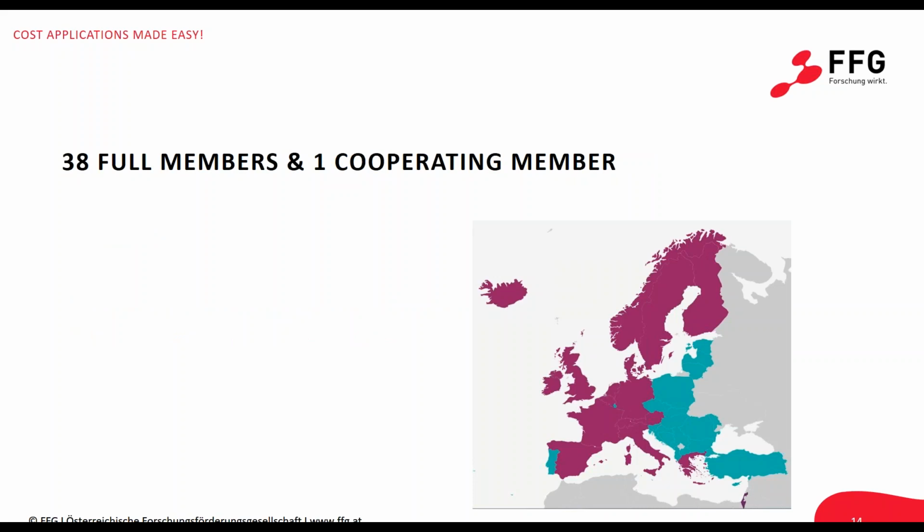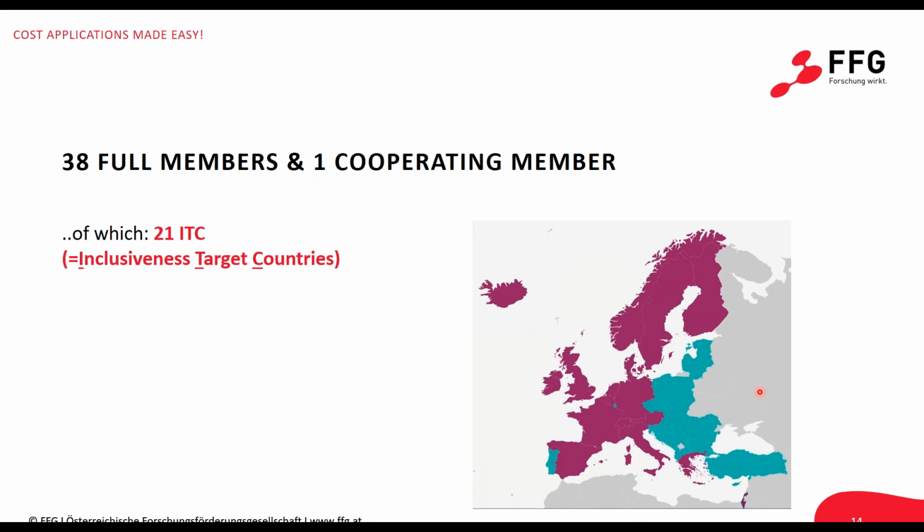COST is a program with 38 full members and 1 cooperating member. And you see that here on our Europe map, all the colored countries that you see are actually members of the COST program. And of these 38 countries, 21, the ones that are marked in slightly greenish turquoise, are the inclusiveness target countries.